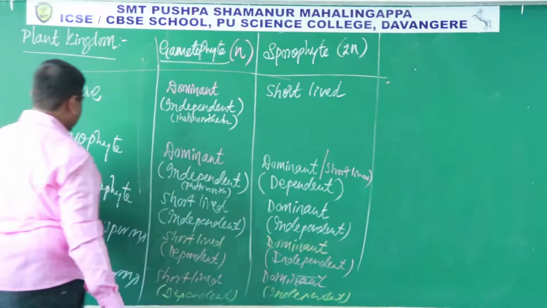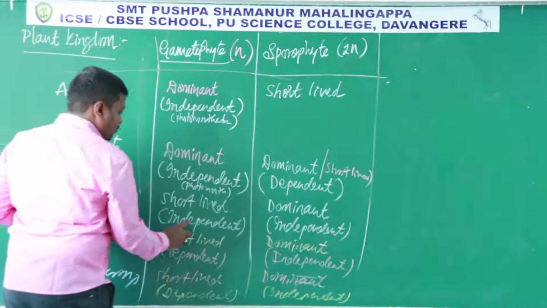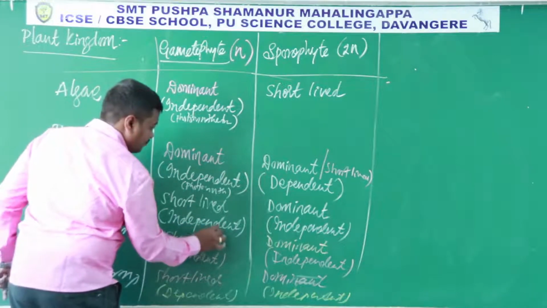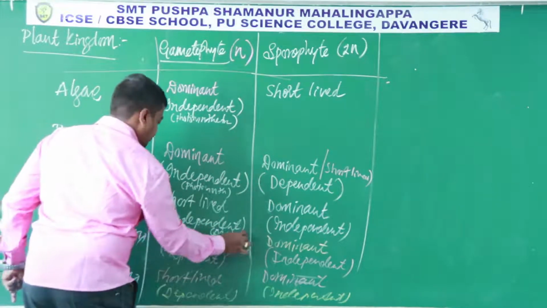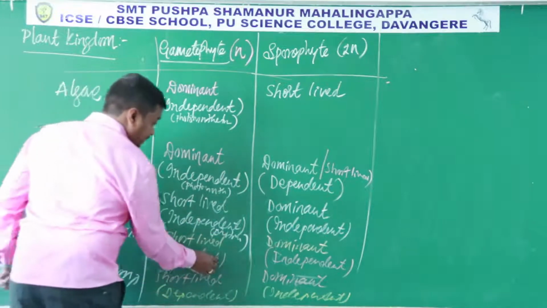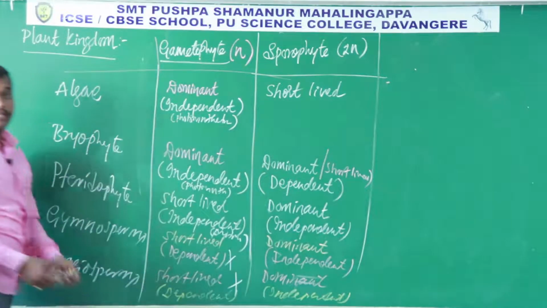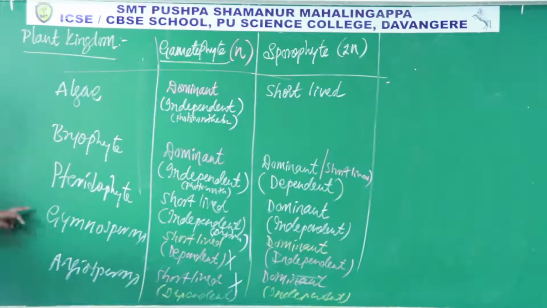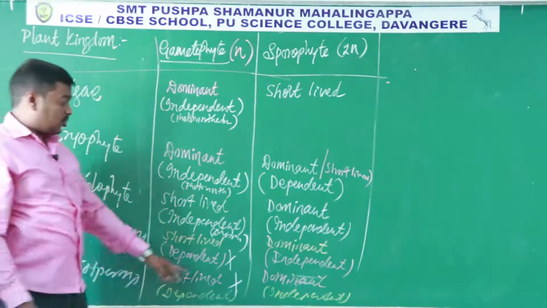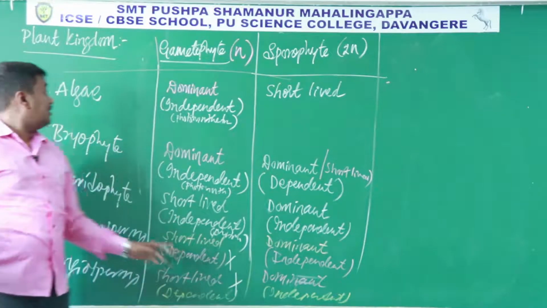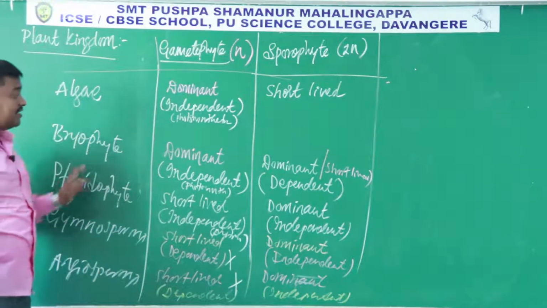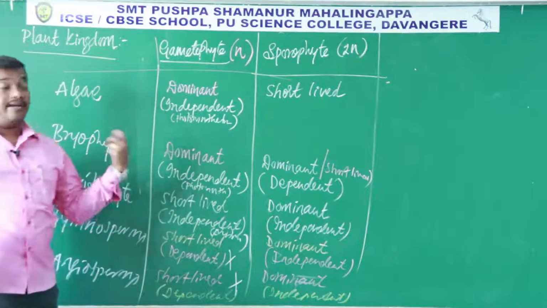In pteridophytes it is also independent, so it is photosynthetic, whereas in gymnosperm it is dependent and non-photosynthetic, and in angiosperms dependent and non-photosynthetic. So gametophytes of gymnosperms and angiosperms are usually non-photosynthetic.